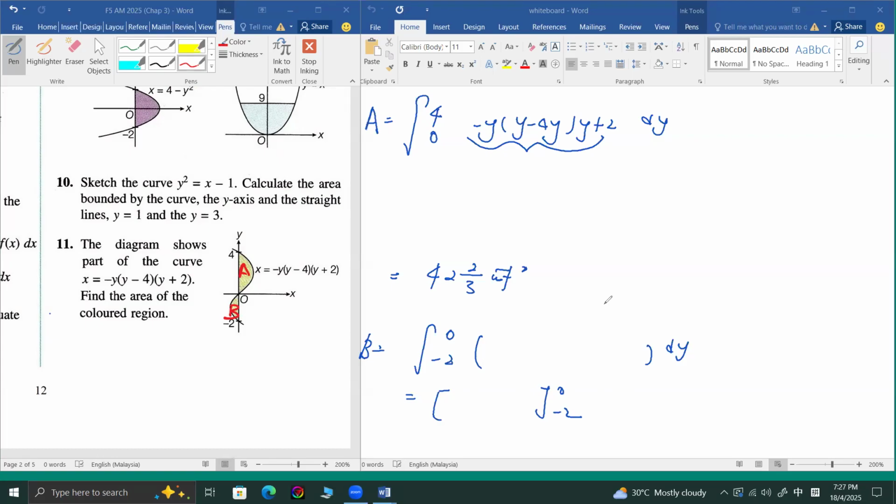Now you get a negative value because it's to the left of the y-axis. And then only you total up, A plus B. You add 42 2/3 plus 6 2/3. You get 49 1/3.